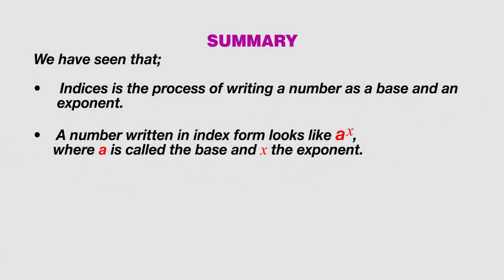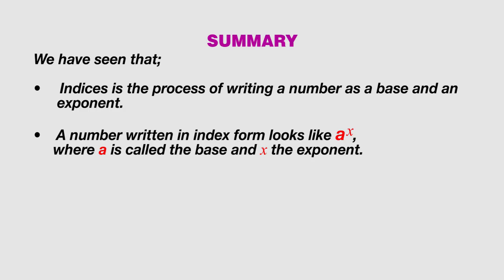Now let's look back and recap our ideas from today's lesson. We have seen that indices is the process of writing a number as a base and an exponent. Again, that a number written in index form looks like a with an exponent x, where a is called the base and x the exponent.